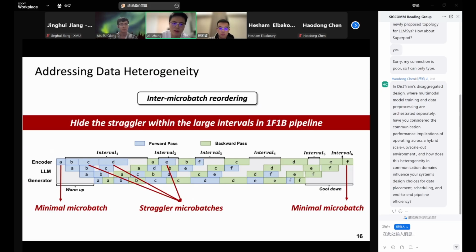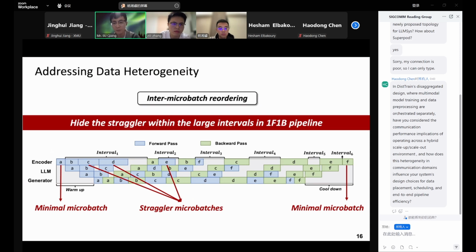Once one GPU fails, we just kill one encoder DP worker or one generator DP worker. Since the encoder and generator are small, a DP worker may contain just several GPUs, which is a lightweight operation. So I think this is a possible design choice for fault tolerance.